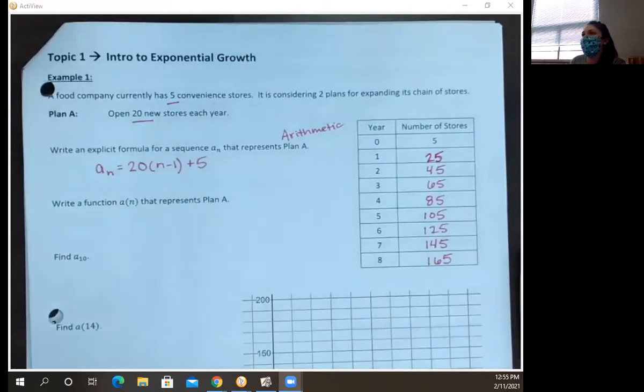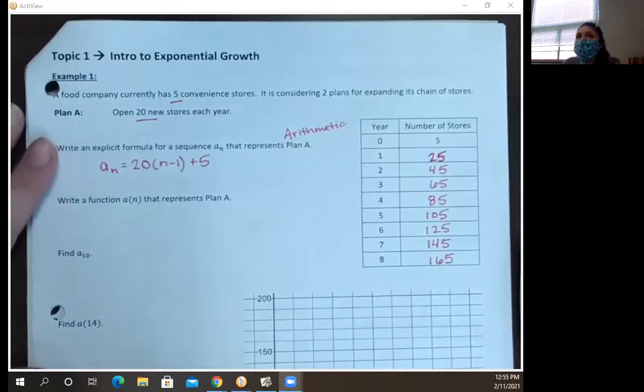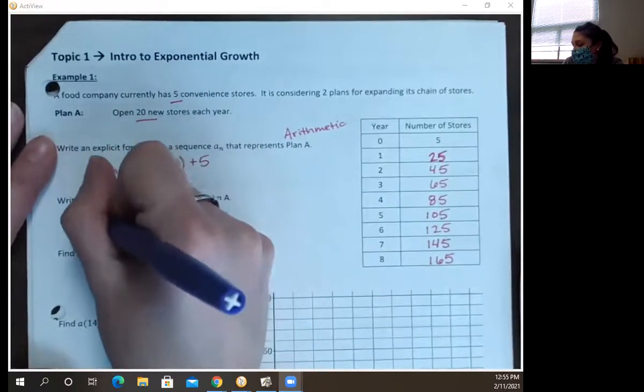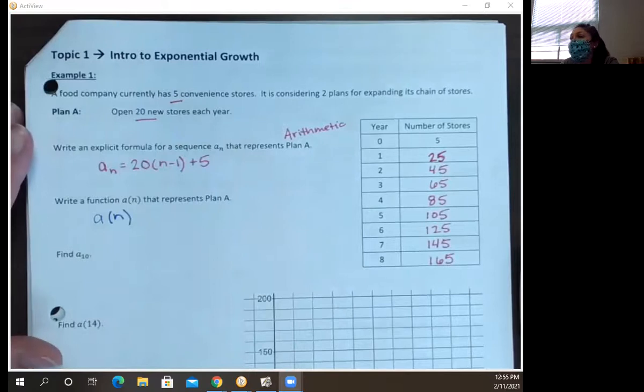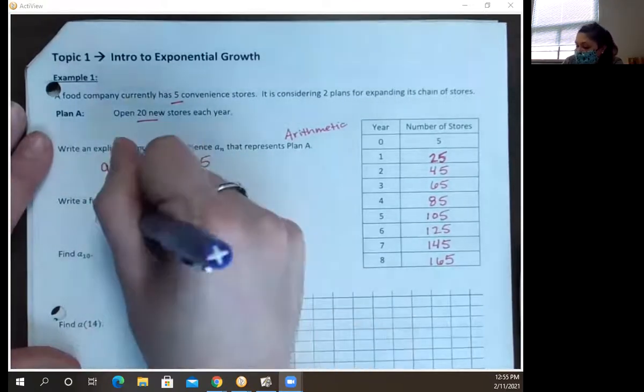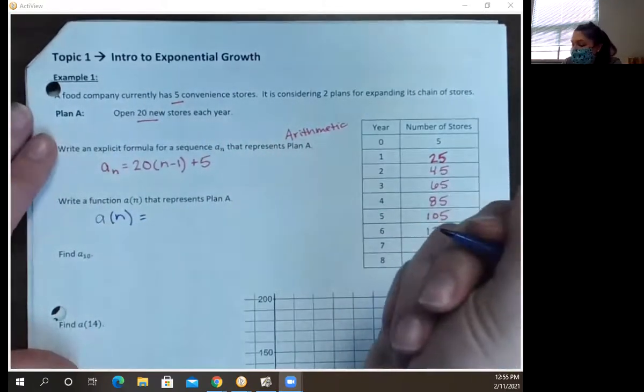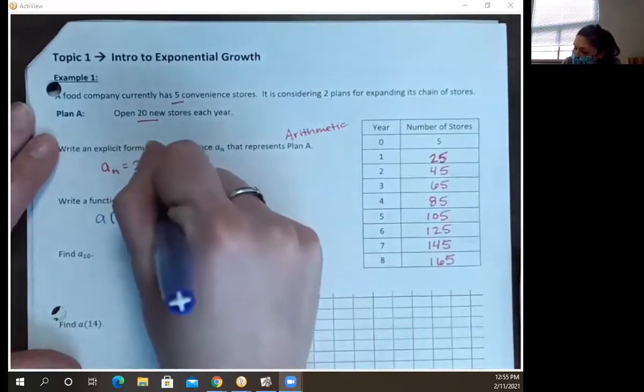The other option is that instead of treating this like a sequence, I treat it like a function. So if I wanted to write a function that represents what's happening here, I could write a function called a of n instead of a sub n, a of n, like f of x. And I could actually write that function the same way.